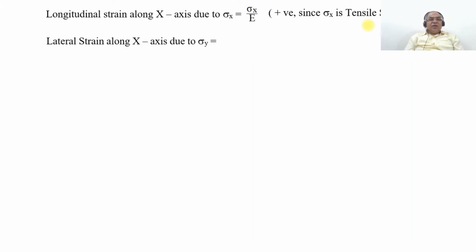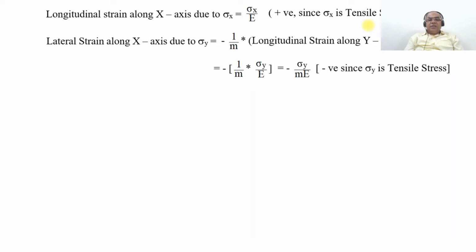Now the lateral strain along x-axis due to sigma y will be equal to minus 1 by m into longitudinal strain along y direction due to sigma y. That is minus 1 by m into sigma y by E, which equals minus sigma y by m E. There is a negative sign because it is the tensile stress.